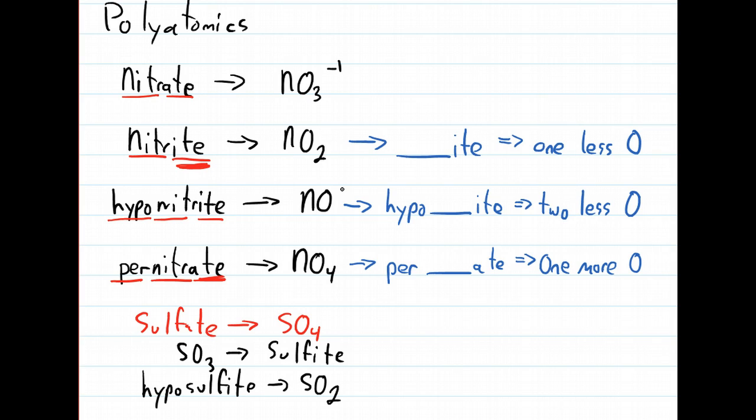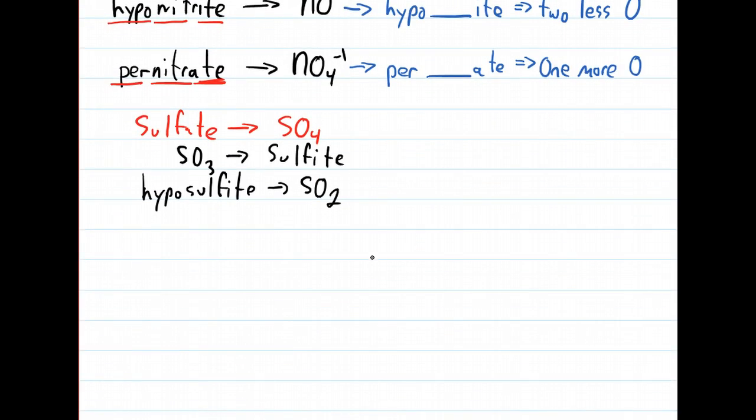And so all these are going to be the same charge. -1, -1, -1. So they're all -1s. Same thing with the sulfate. What's sulfate's charge? -2. So sulfate is -2, so sulfite is going to be -2, hyposulfite is going to be -2, and so on and so forth.